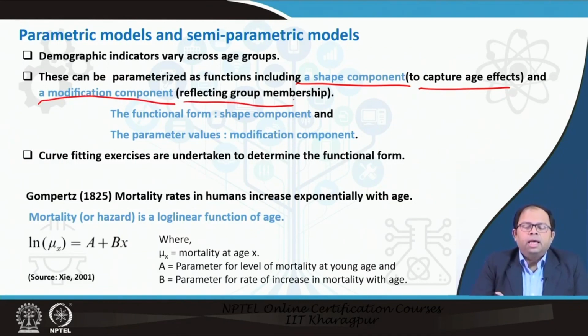What it means is there are several age groups, and because the population is in a particular age group, there have to be certain changes or considerations in the equation. So the functional form relates to the shape component, how this growth happens, and the parameter values are related with the modification component.